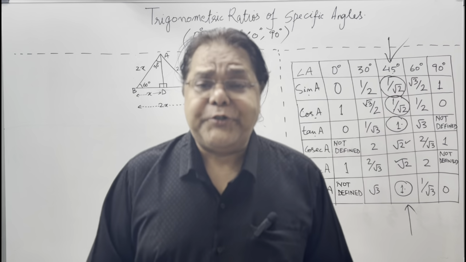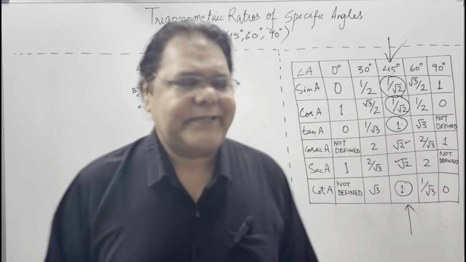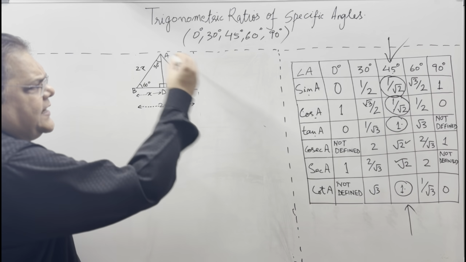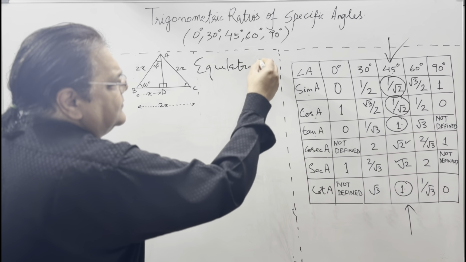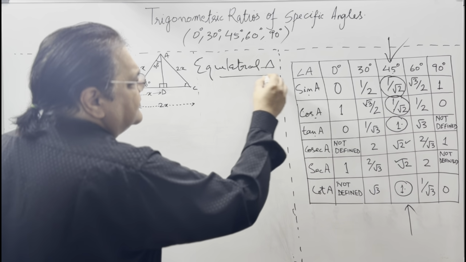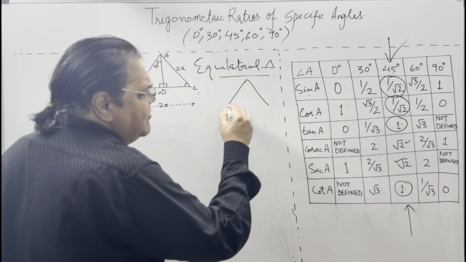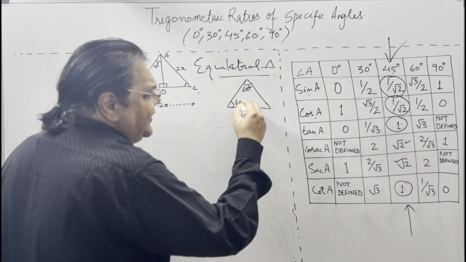Now let's find the trigonometric ratios of 30 degrees and 60 degrees. Here we have considered an equilateral triangle. Equilateral triangle means a triangle whose all the angles are 60 degrees.